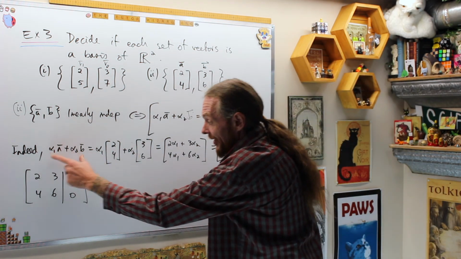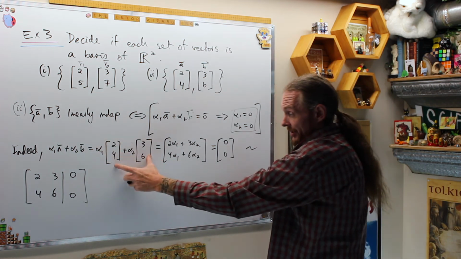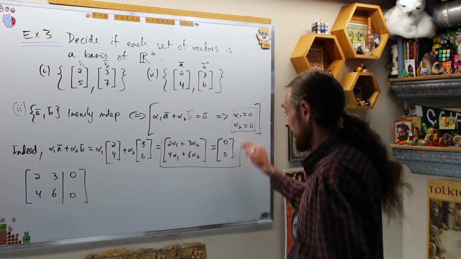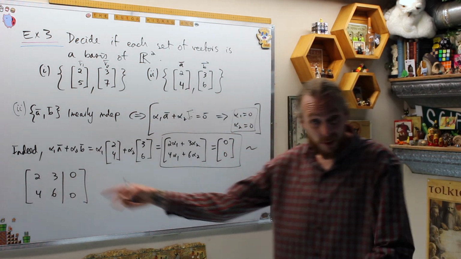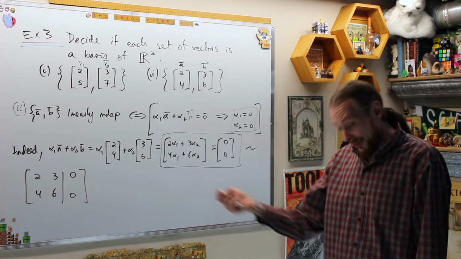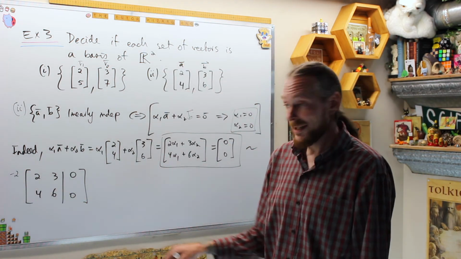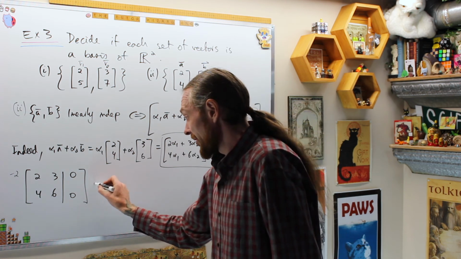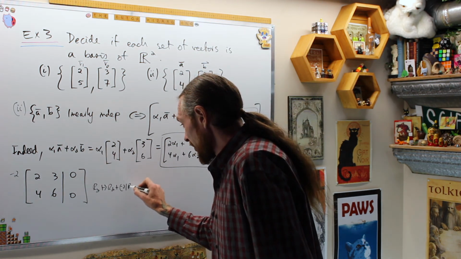Again, once I have coordinates, and I use the definition of scalar multiplication and addition, I'm going to get this system. I augment that system into this augmented matrix, and then I row reduce it to REF, and then I make my decision. In this case, I can see that if I do -2 times this one, I can kill the bottom row. Row 2 goes to row 2 plus -2 times row 1.